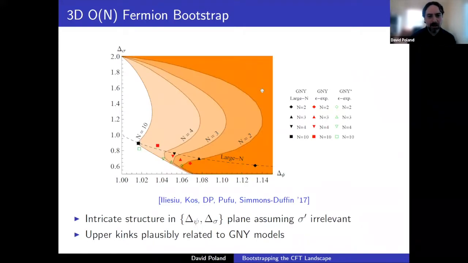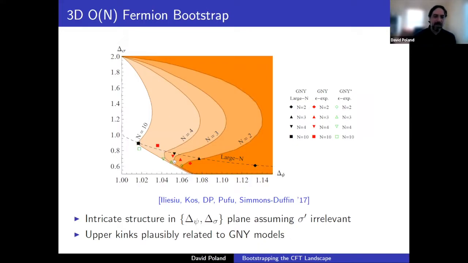You can also look at what the allowed region looks like in the delta psi, delta sigma plane, and you get an intricate structure, some intricate lower bounds. If you assume that sigma prime is irrelevant, so namely sigma is the only relevant parity odd scalar in the spectrum, you get some kind of interesting wave structure.